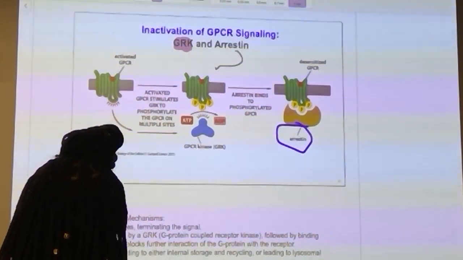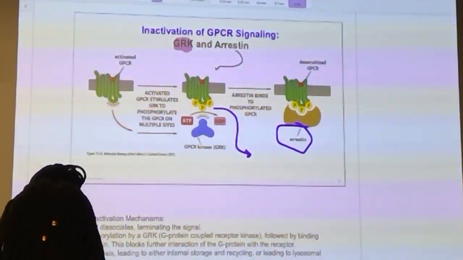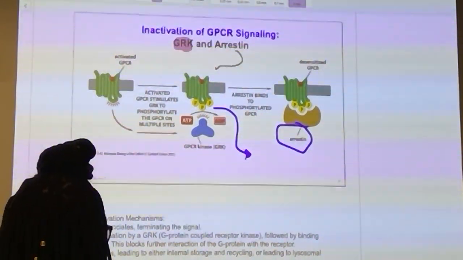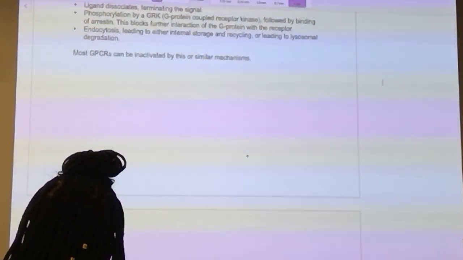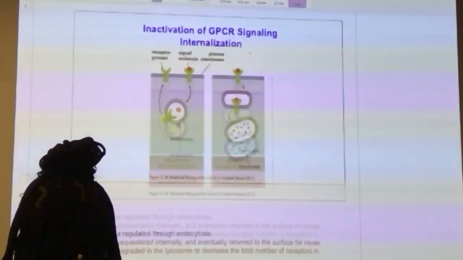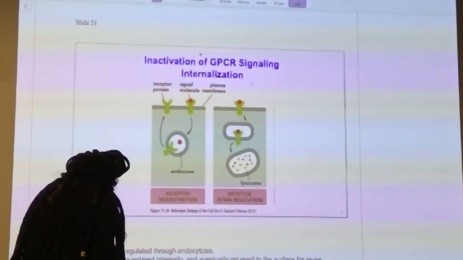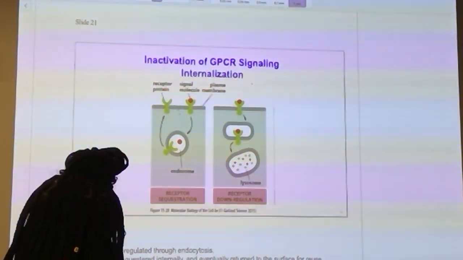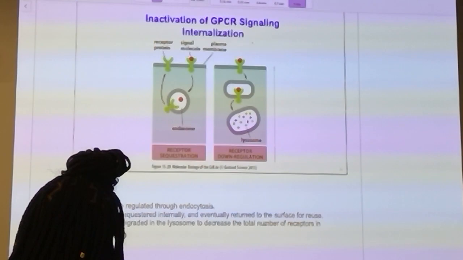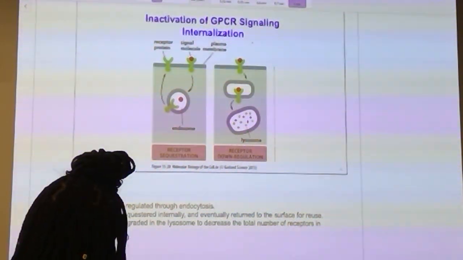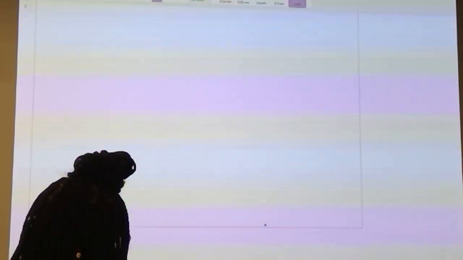But just remember that the trimeric G proteins themselves are able to inactivate themselves. Then the other way is to either take in the receptor or break down the receptor. Okay. Cool.